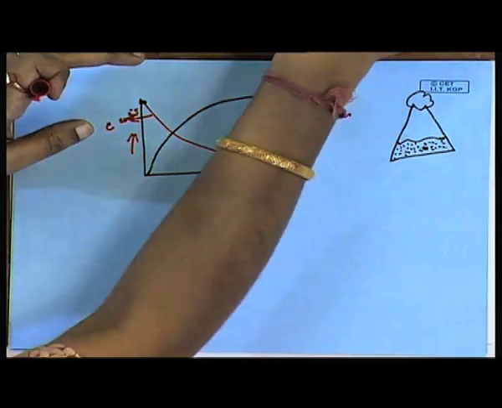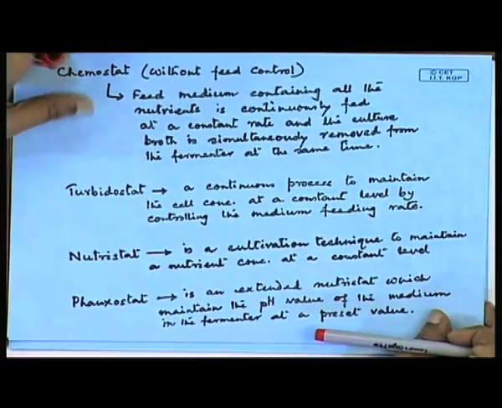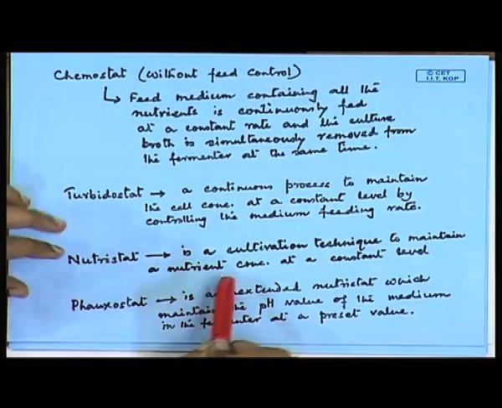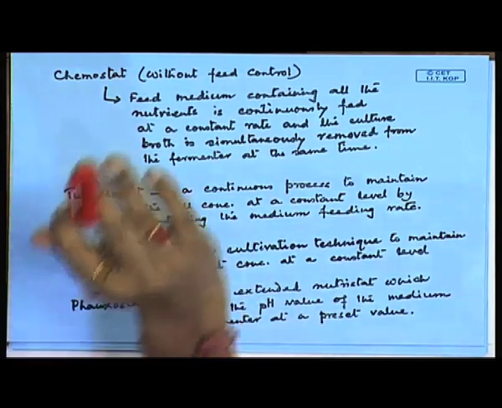Now, in case of nutristat, it is a cultivation technique to maintain the nutrient concentration at a constant level inside the reactor, so that there will not be any crisis of the nutrient and cells will be proliferating, cells will be doing their normal activities.